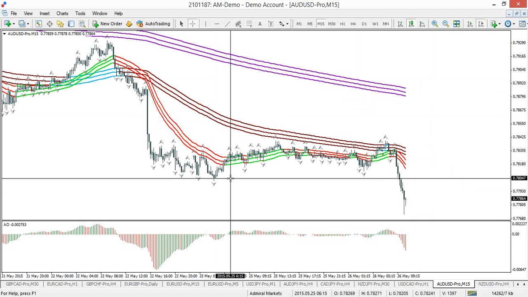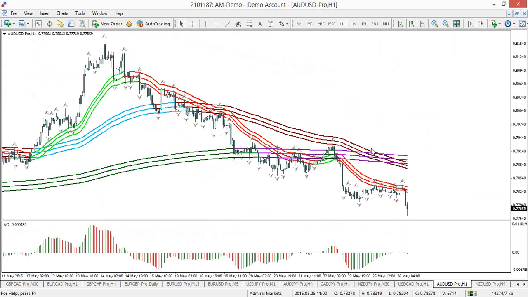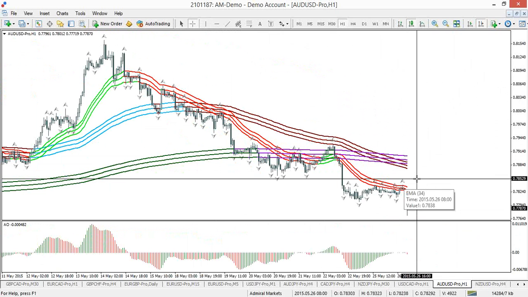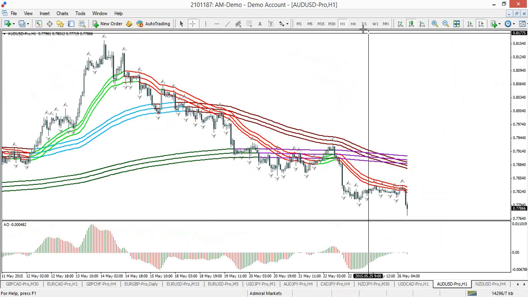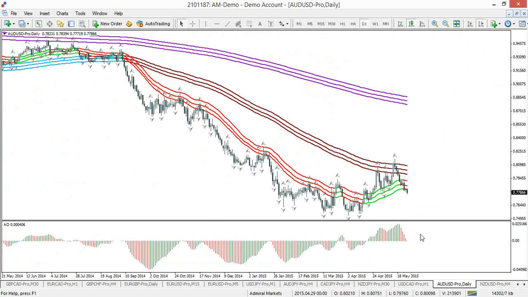So let's see. Moses has a pending order at 78.62. Yeah, we'll have to see if it gets there. For the moment, it looks like it's breaking actually.